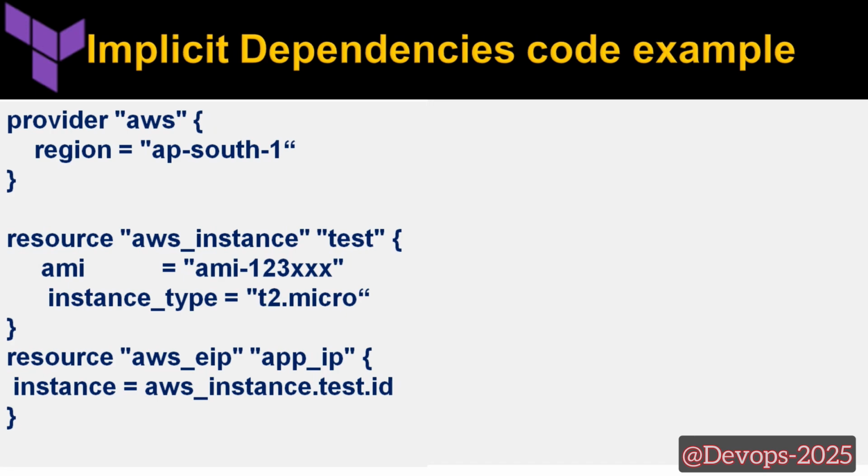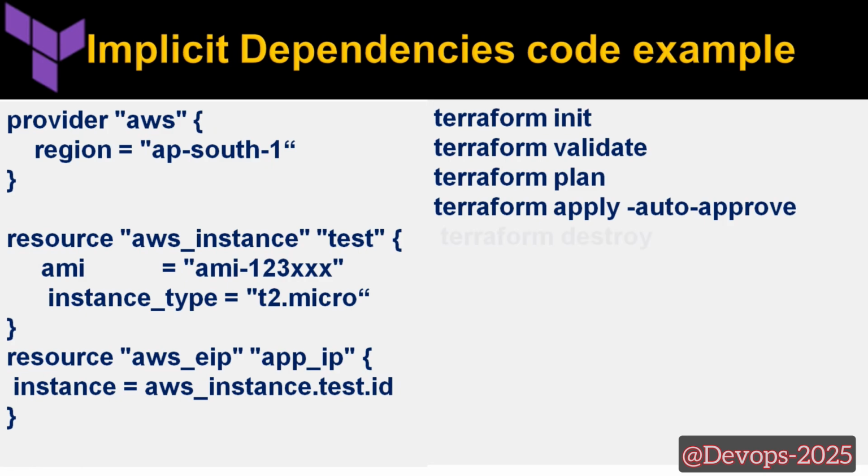Okay, so now I have the code, I need to run some Terraform commands. Here I have captured four commands. The first is to initialize, which we do with terraform init, and then terraform validate validates the syntax, whether the code is proper or not.